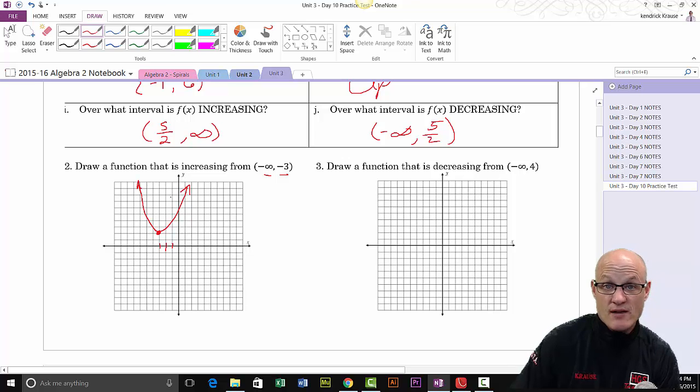I don't care what the y value is, it doesn't matter. It's the fact that this here is negative 3. How about decreasing from negative infinity to 4? Well, it's the same kind of problem. I'll find 4. 1, 2, 3, 4. There's my point. And I can even do it right there. There. It's decreasing from negative infinity to 4.